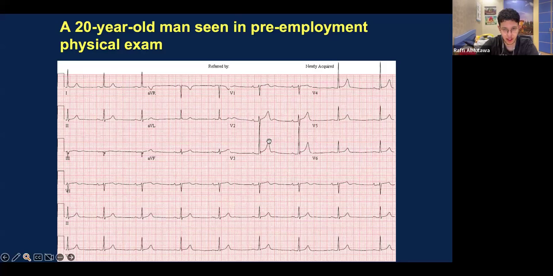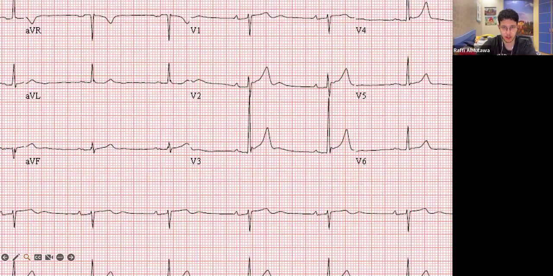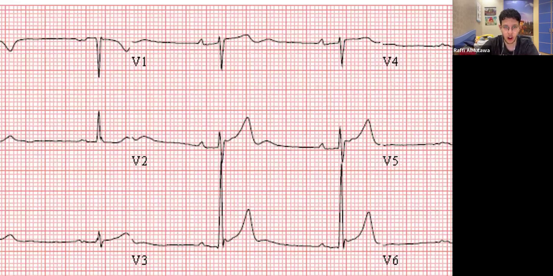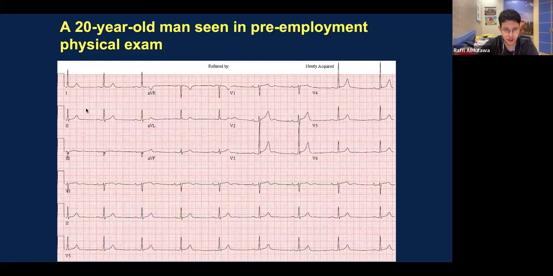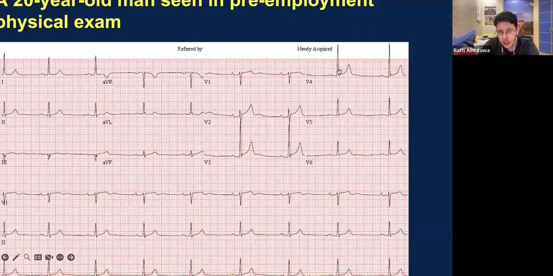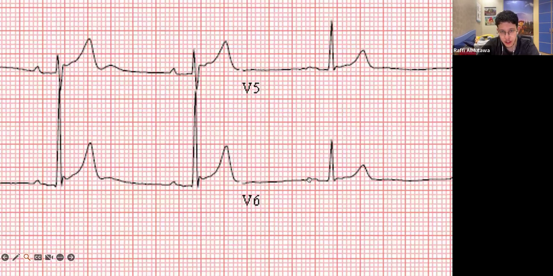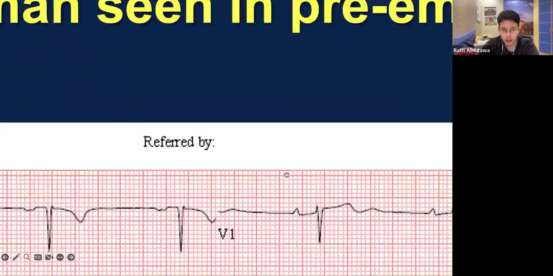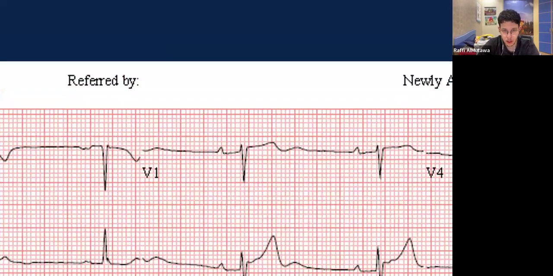Okay, so let's take a look, right? Let's stick with the logic that we got. Are there ST elevations in multiple leads? Yes, there's V2, V3, V4. This one you could say it's elevated.